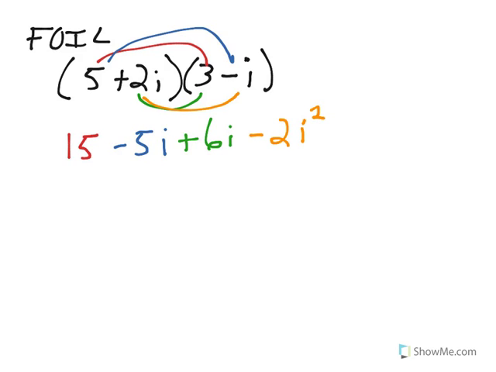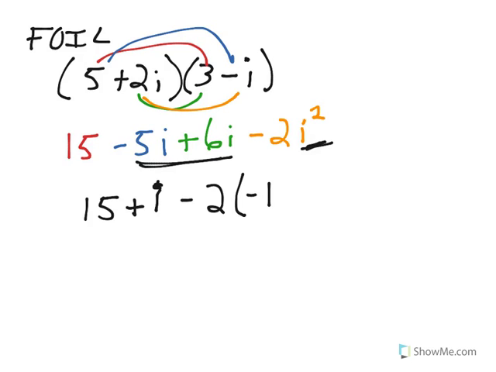Now we need to combine like terms. Negative 5i plus 6i is 1i. And negative 2 times i squared, remember i squared is negative 1.